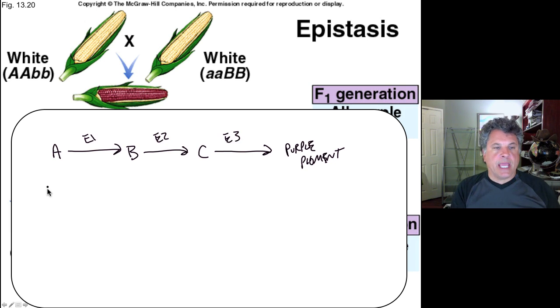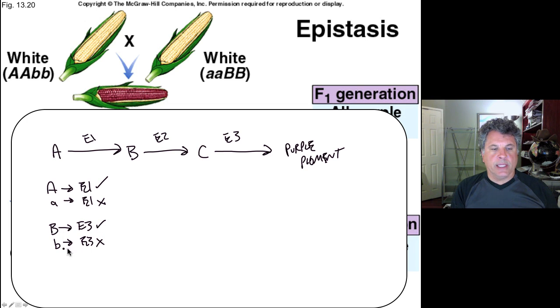Let's imagine that the big A gene encodes enzyme 1, and the little a gene encodes enzyme 1 which is non-functional. Call it X. And let's say the big B allele encodes enzyme 3, and the little b allele encodes an enzyme 3 that is non-functional. So the big B allele encodes a functional enzyme 3, little b encodes an enzyme which is non-functional.